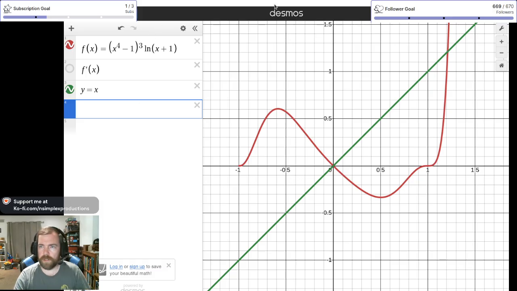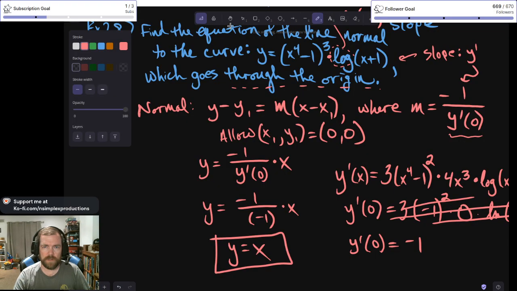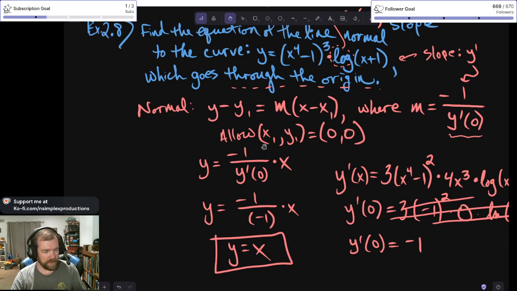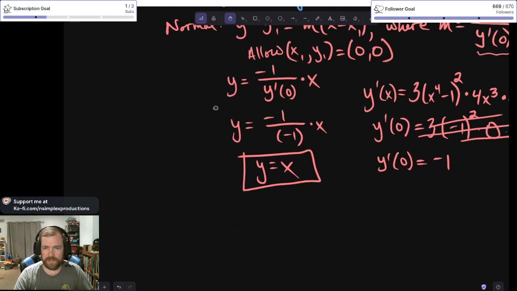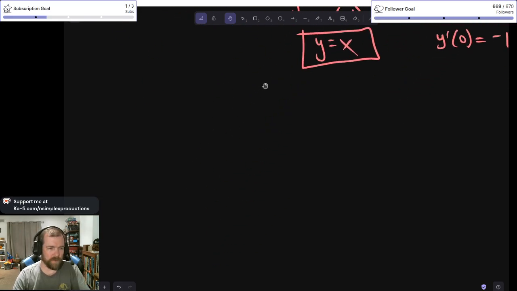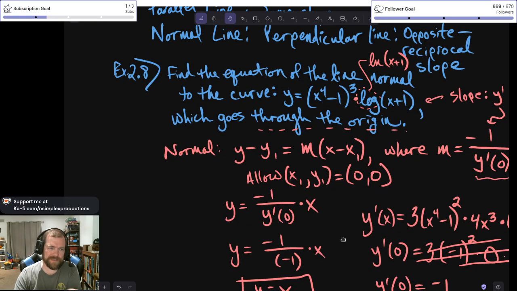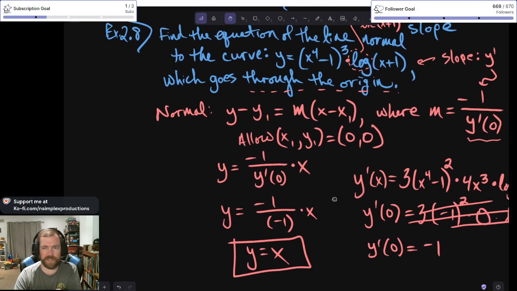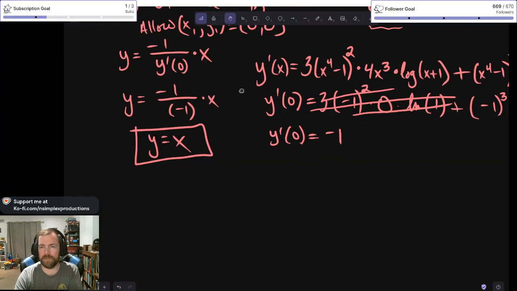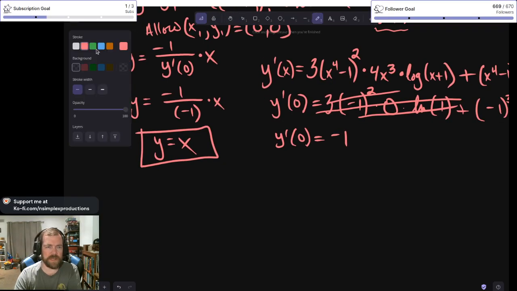All right, so what about if we wanted the line that is parallel to this, right? I mean, we're going to end up with, right, the tangent line is going to be y equals -x, and it's not going to be particularly nice, but that's the idea. It's going to be the same work.